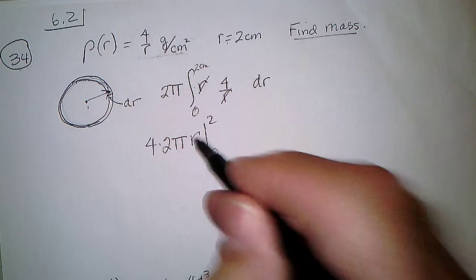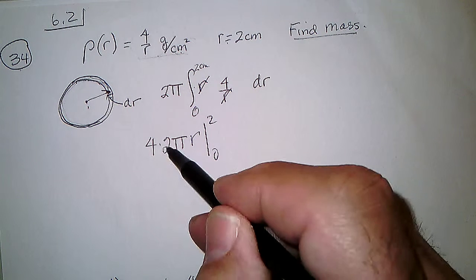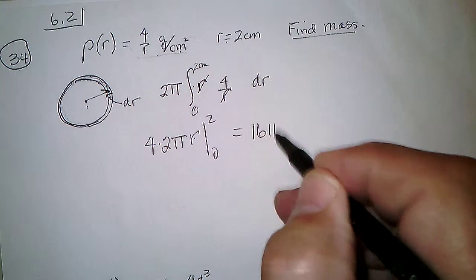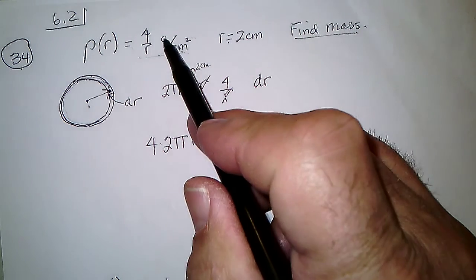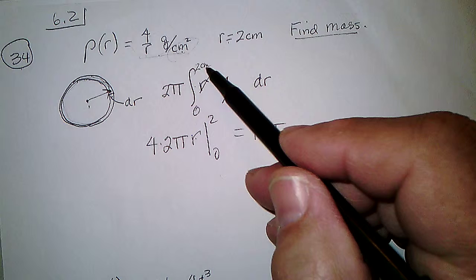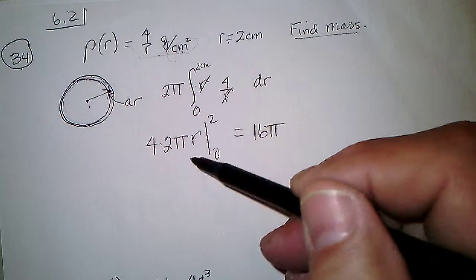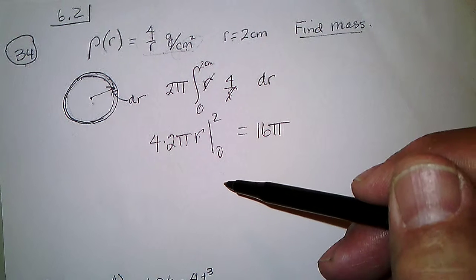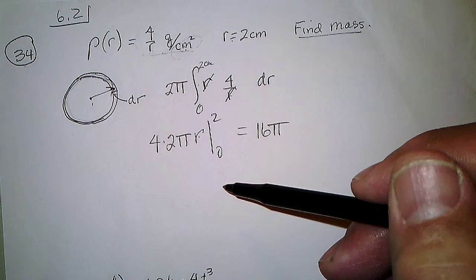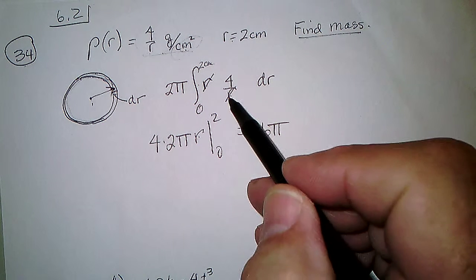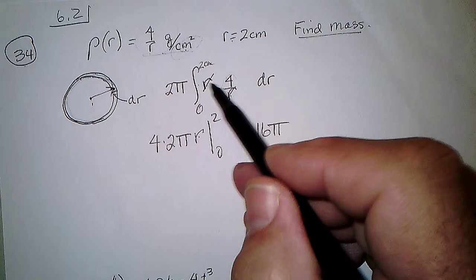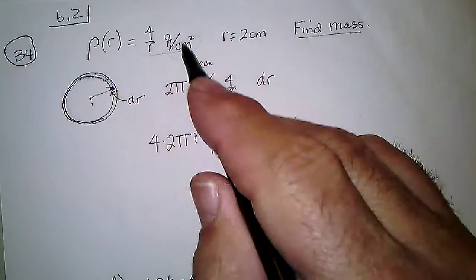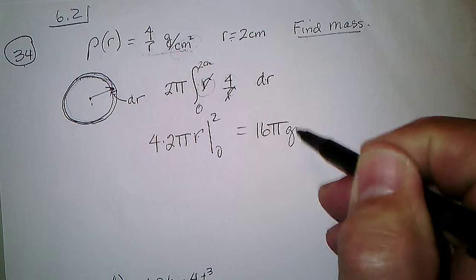So all we have to do is put 2 in there, and we get 4 times 2 times 2 pi, which is 16 pi. And this would be in grams, because the 4 was in grams per centimeter, and r is in centimeters, so that gets rid of the centimeters and leaves just grams.